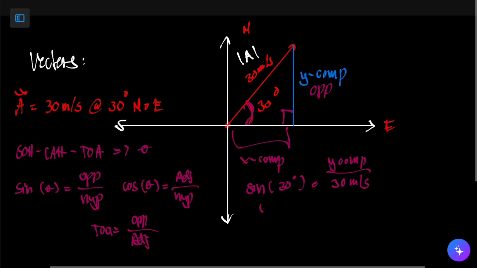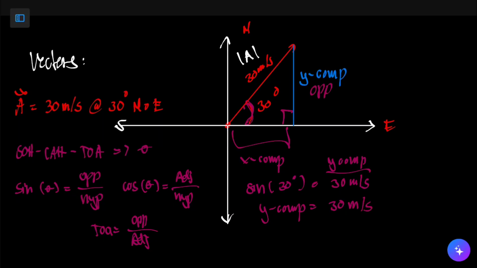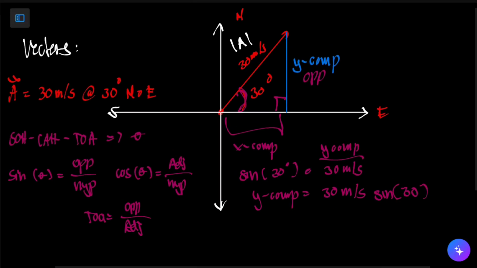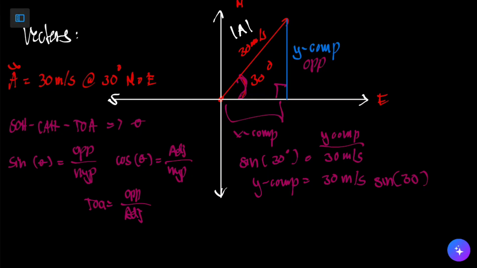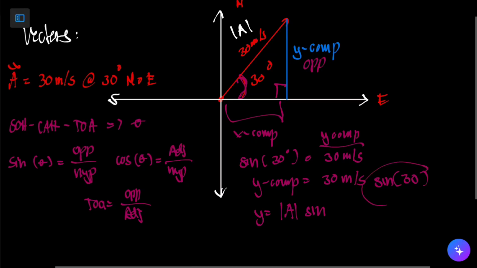So we will get y component is equal to 30 meters per second times sine of 30. So in order for us to get the y component, we only have to multiply the magnitude of the vector, which in this case is 30, by the sine of the given angle.